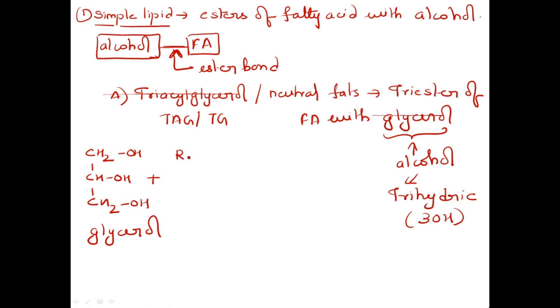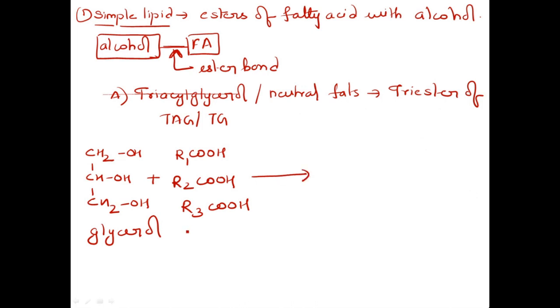We can write the general formula as RCOOH, or as R1COOH, R2COOH, R3COOH. So 3 fatty acids will combine with glycerol, and the hydrogen and the OH group will combine and release 3 water molecules from the 3 fatty acids, and it will form triacylglycerol.